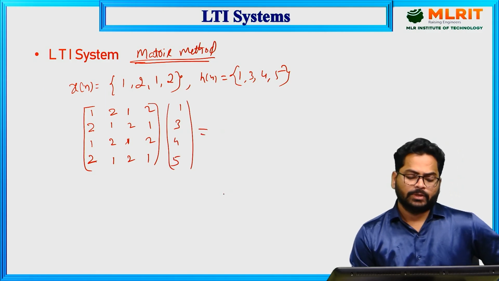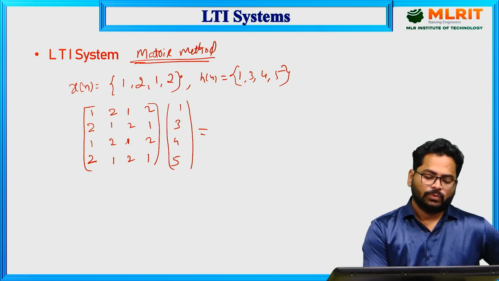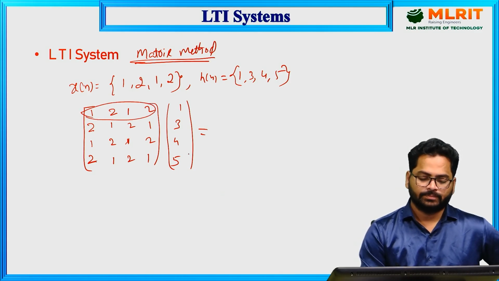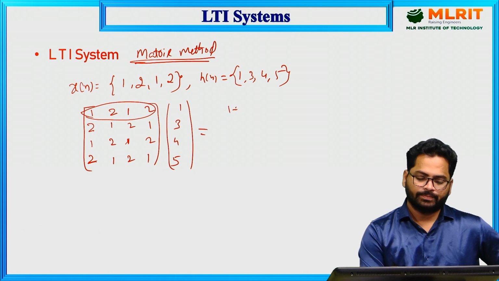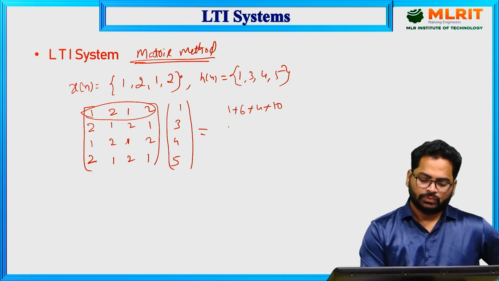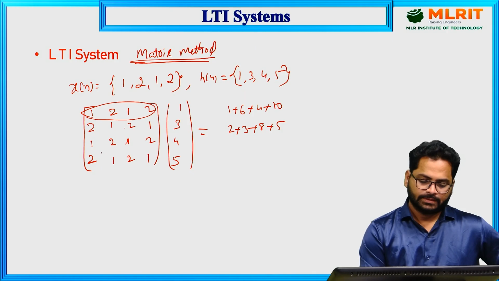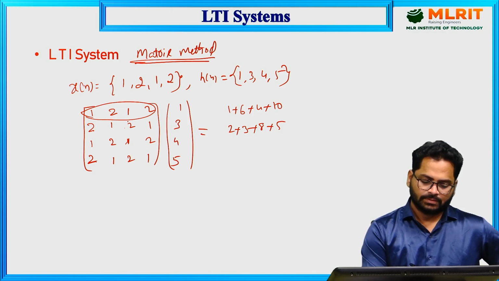By multiplying this, you will get the value: this row multiplied by this column, like 1 plus 6 plus 4 plus 10. This is the first one. Then 2 plus 3 plus 8 plus 5. These two are the same, right?